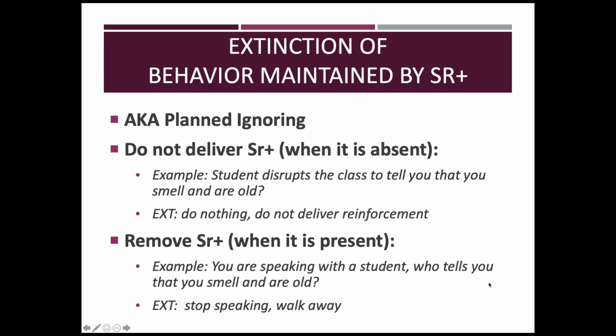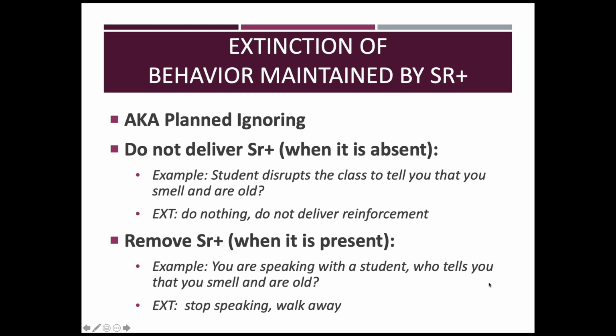So let's look at the different forms of extinction relative to the maintaining variables. The first one would be extinction for behavior maintained by social positive reinforcement in the form of attention. We typically call this planned ignoring, and the article presents that quite clearly. So you may hear the term planned ignoring. That is an extinction procedure, but only for behavior that is maintained by social positive reinforcement in the form of attention.